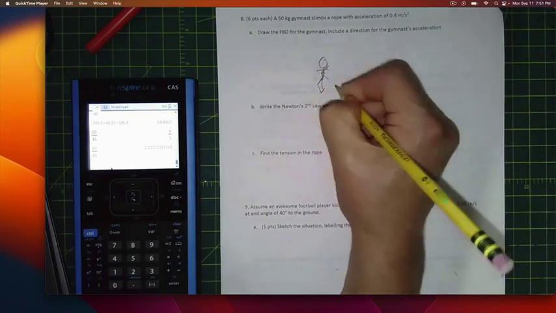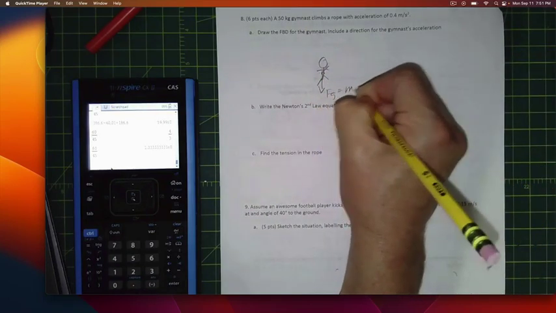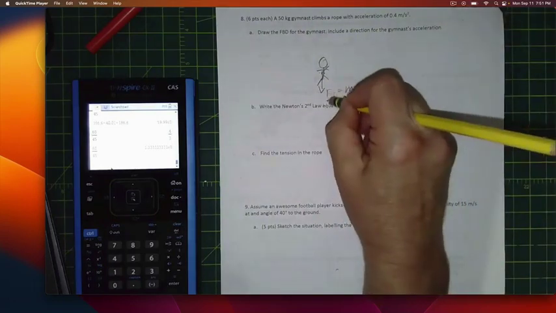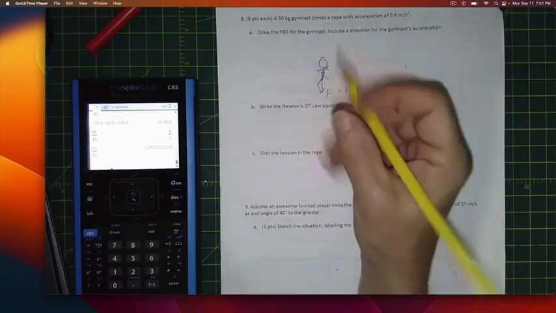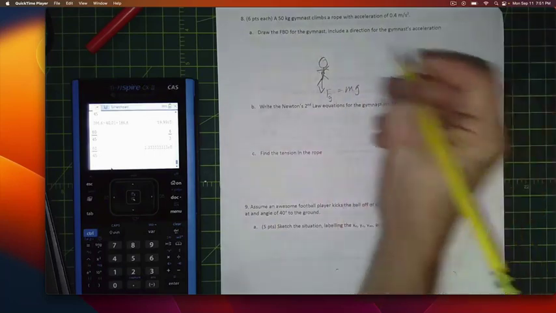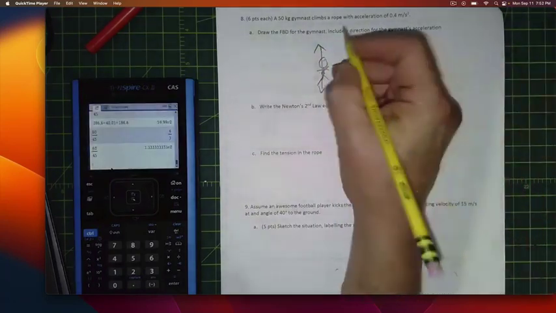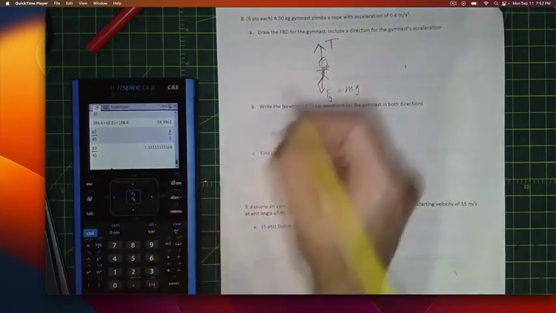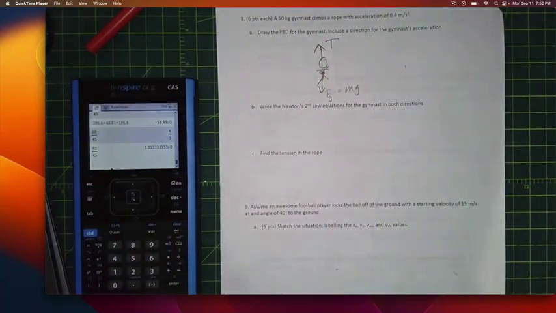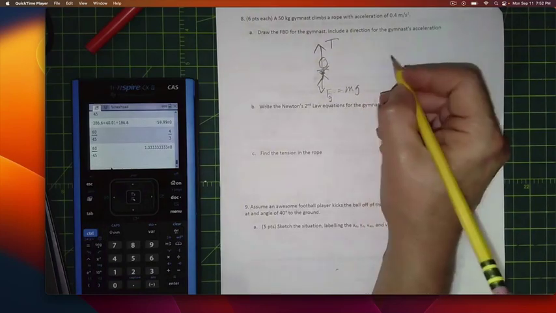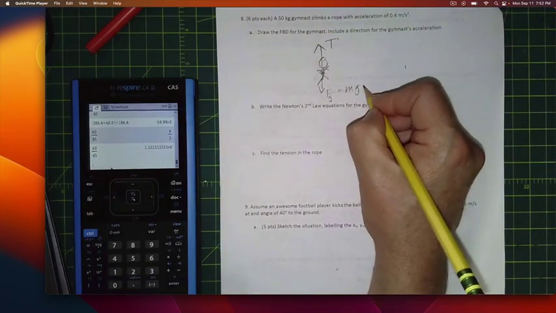So we got force of gravity, mg, going down, and we've got some sort of rope. She's pulling on the rope, but the rope is pulling back on her, giving a tension, going straight up. We could calculate that value.